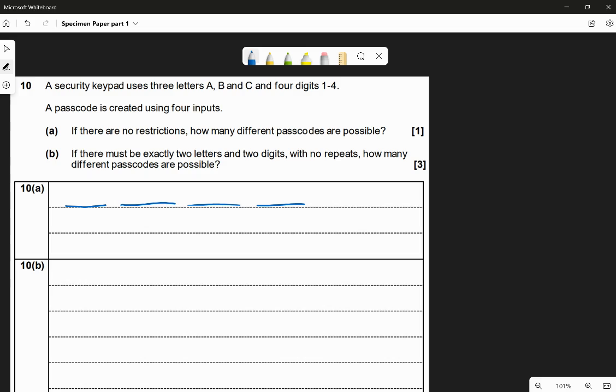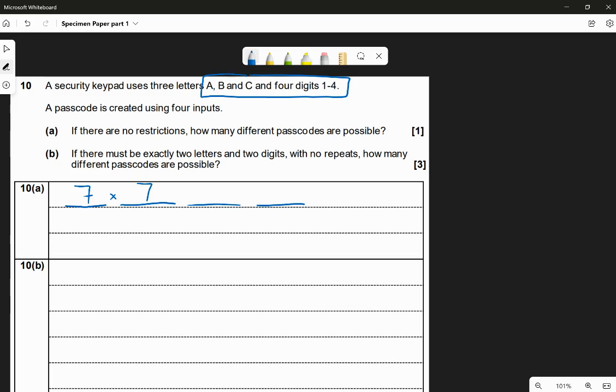If there are no restrictions, how many different passcodes are possible? Well, if there are no restrictions, except for these restrictions that they've already given us, because that's all the things I can press on the keypad. Well, I have 4 digits and 3 letters, so I have 7 characters that I could put into these inputs. So in the first input, I have 7 choices. In the second input, I have no restrictions.